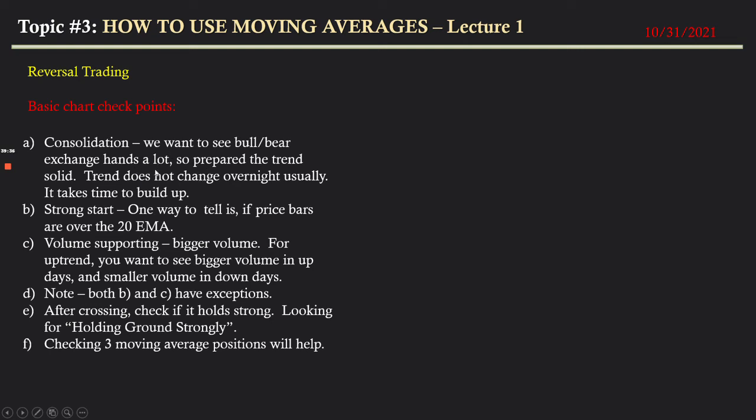They take time to build up. What we usually want to see earlier is one week, till the price goes up or starts strong, that the price bar is above the 20 EMA. And also we see the volume is supporting. On the up days they have bigger volume, and on the down days a smaller volume.